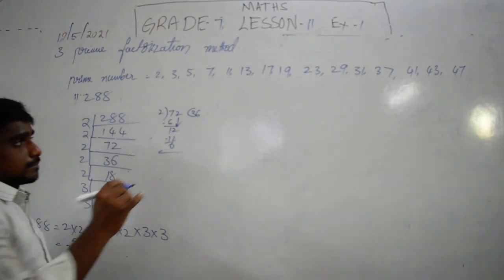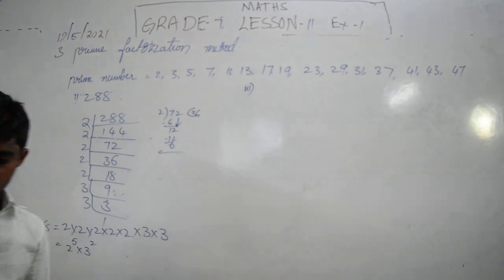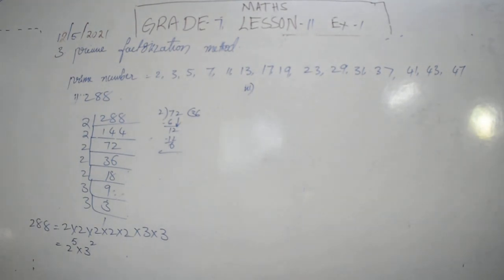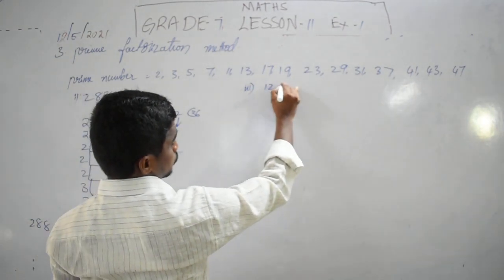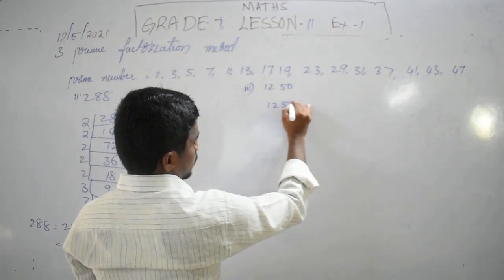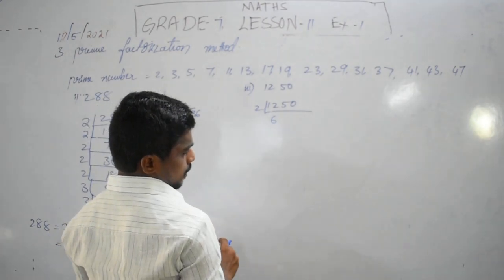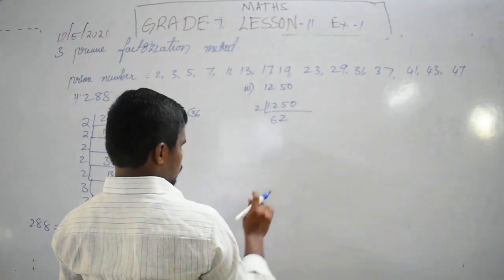And the next problem: 1250. We are using prime factorization. 2 sixes are 12, 2 twos are 4.